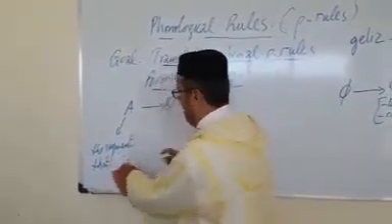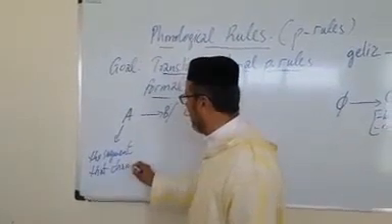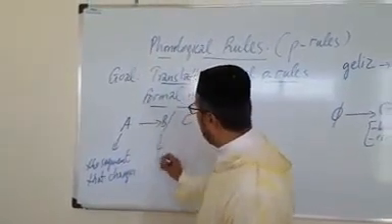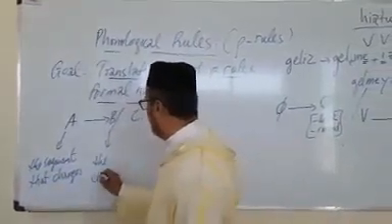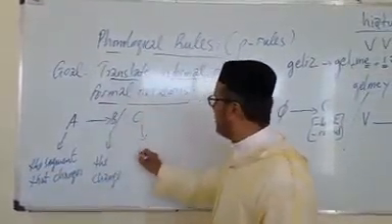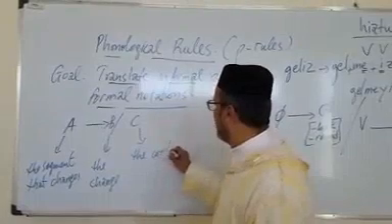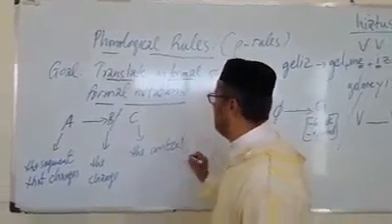B represents the change, what happens. And C represents the context of the change.